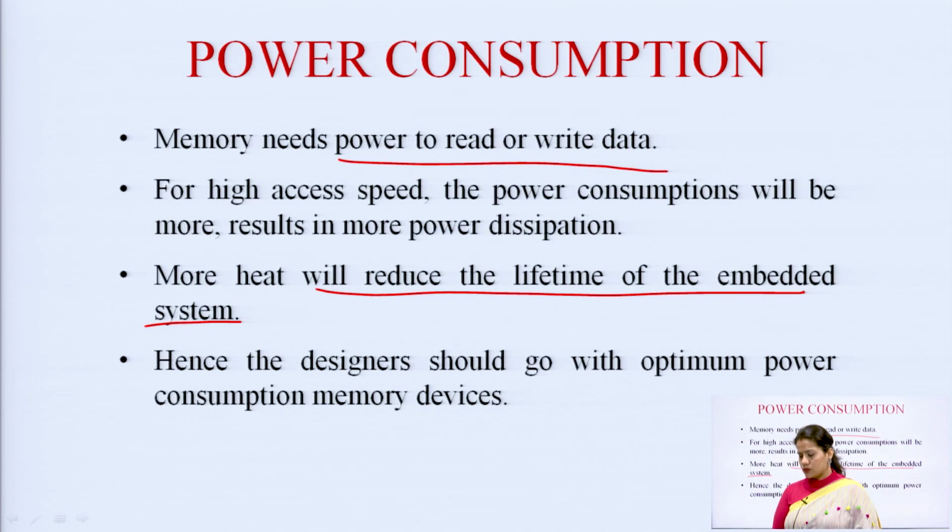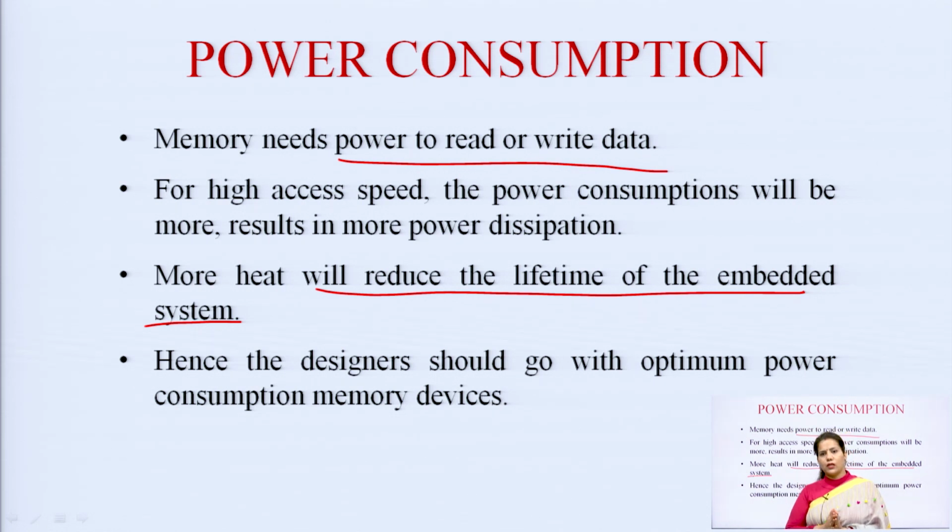Today in our lecture we studied how to make a wise decision while selecting the processor and the memory for an embedded application, because both these things are very important. Processor is the heart of any embedded application and memory is its integral part, because all the data and codes are to be stored in the memory.